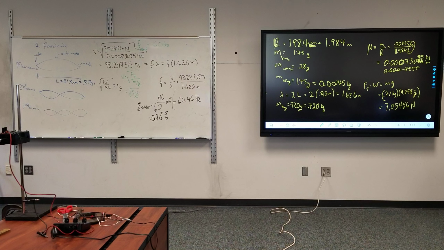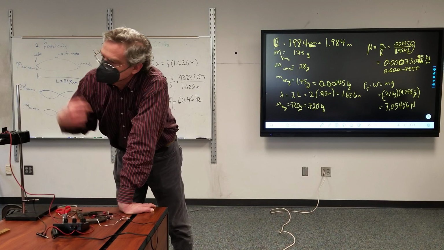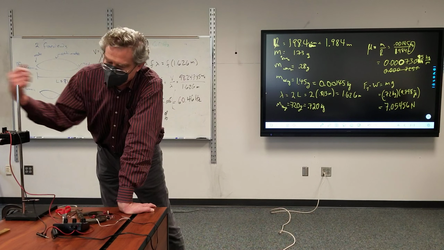So I'm just going to take 220 grams off. And I want a first harmonic. Not quite there, because the node is at this point. I want the node over here.